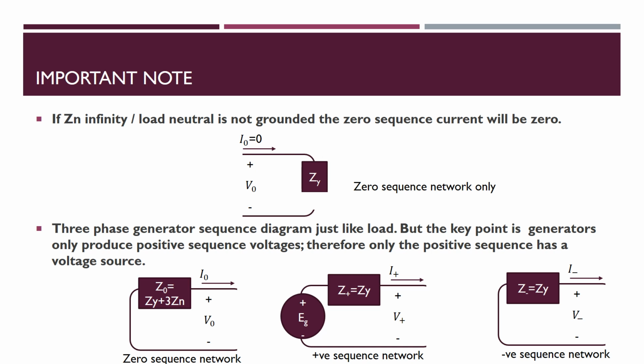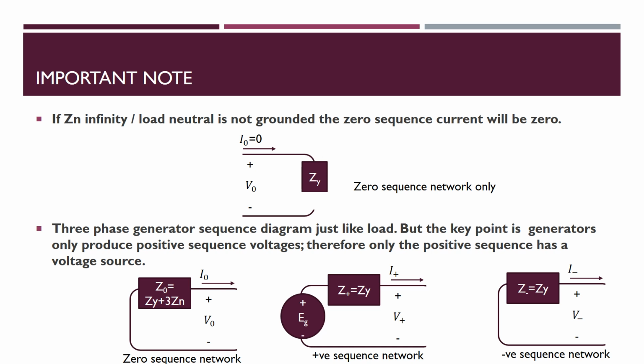If it is a balanced 3-phase network, the same networks come in this way, but the generators normally generate positive sequence voltages. So you will get the voltage source and the positive sequence network as in the picture, and according to the load, only the zero, positive, or negative sequence current flows. If it is a balanced system, the I0 current and the I negative current will not be there.